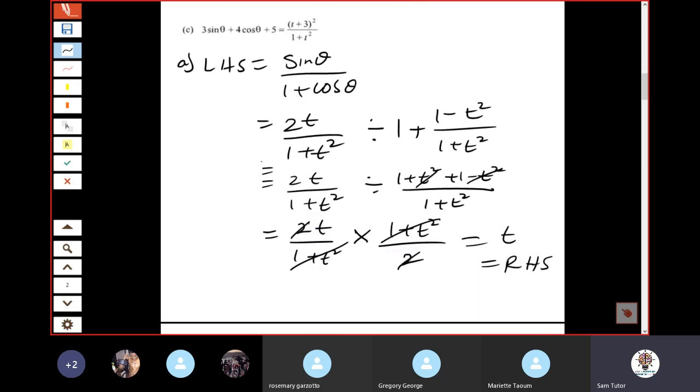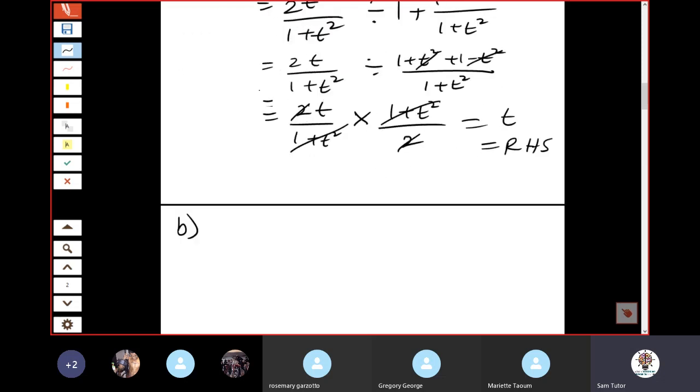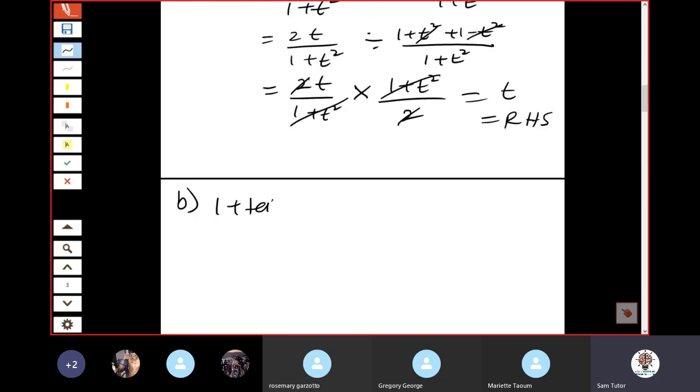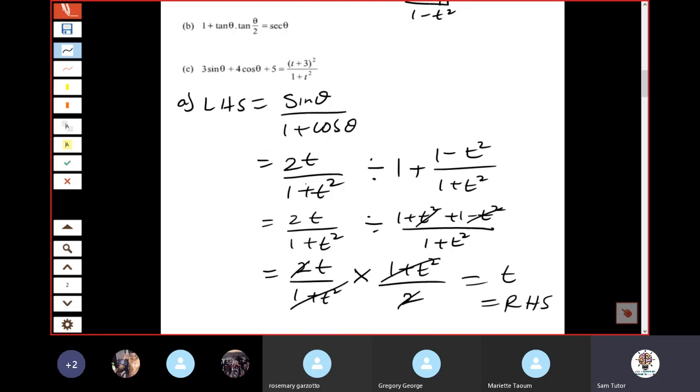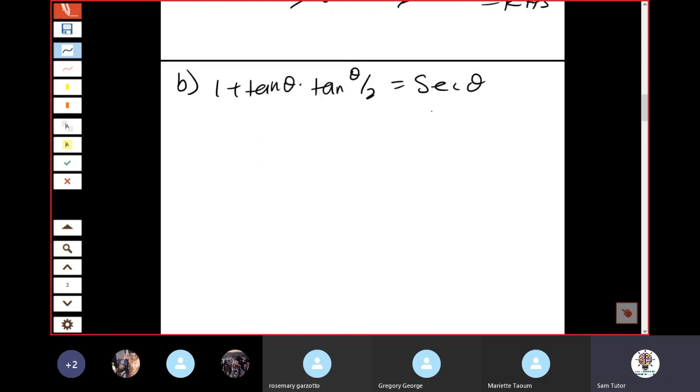All right, B. I'll write it up first. 1 plus tan theta on 2 must equal sec theta. Left-hand side, so 1 plus tan theta.